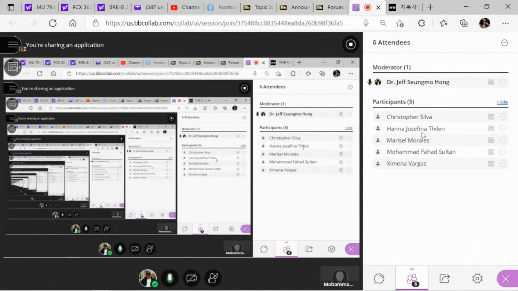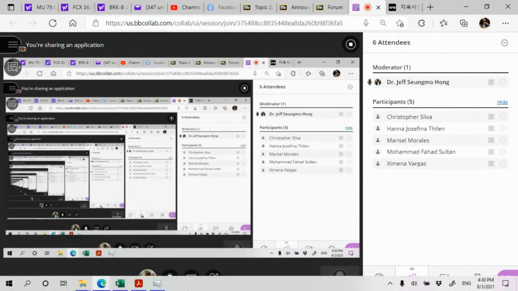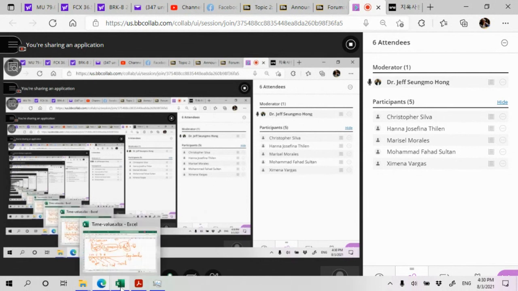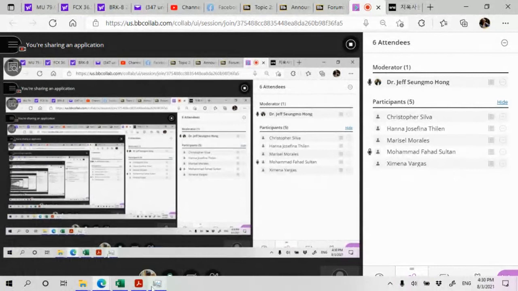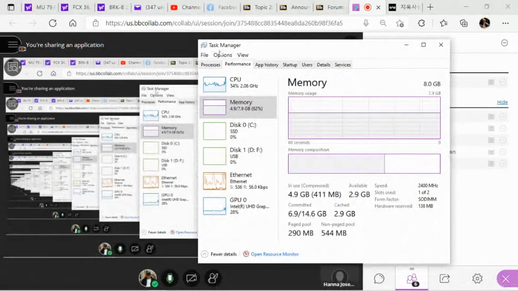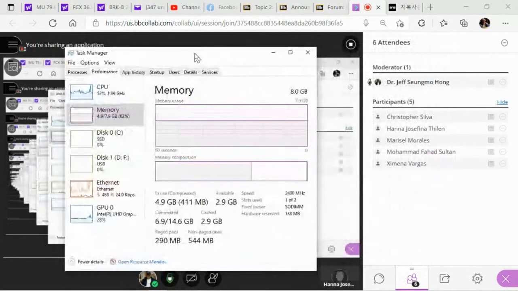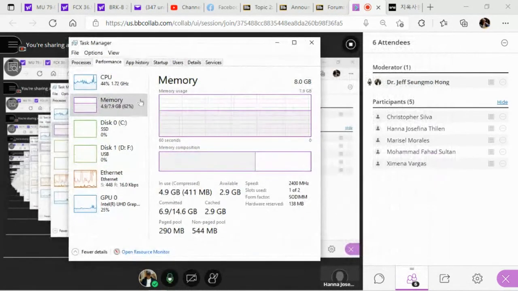Hannah, we lost you for a while. Hannah, did you hear my explanation about logarithmic scale? Yeah, I understand. Okay, good. All righty. You can quickly check on your own computer, you have the task manager, right?